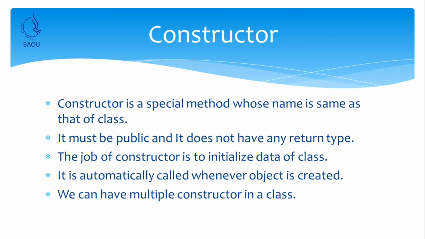Now, we discuss constructor. Constructors are special methods whose name is the same as that of the class. Now, an ordinary method has a name other than the class name, but this is a special method which has a name which is the same as the class. Another thing you have to remember is it must be public and it does not have any return type including void.